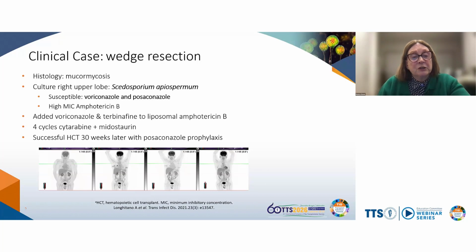So voriconazole and terbinafine were added, and he underwent several more cycles of hyperCVAD and also successfully went to his planned allogeneic stem cell transplant 30 weeks later with posaconazole prophylaxis and no reactivation of his mucor or Scedosporium infection.